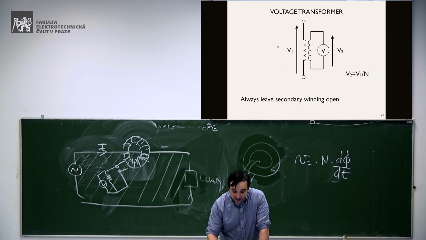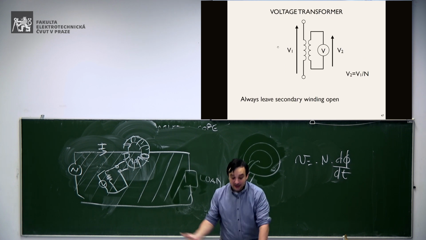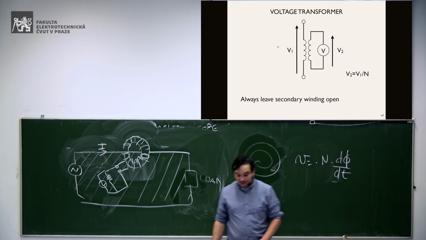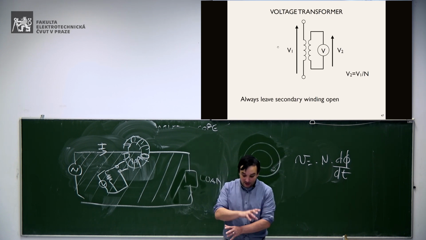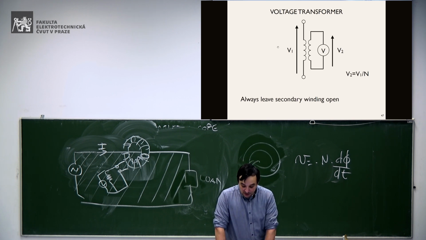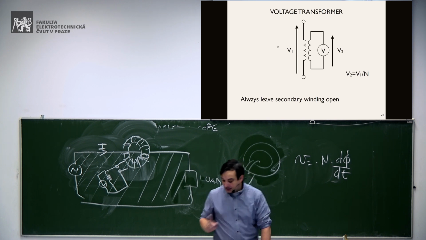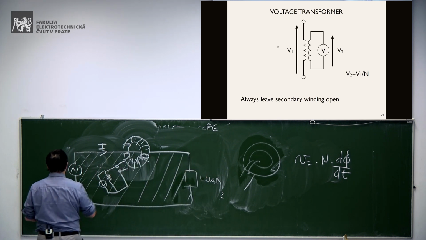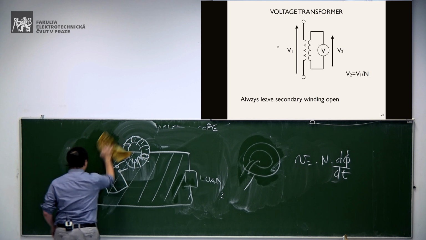For the voltage, that's the same thing, but you flip everything over. So you take the voltage of the transformer, you flip the ratio, and you reduce the voltage by the factor of the ratio of the turns, okay? Now, very important thing, again, just a trivia for the weekend.